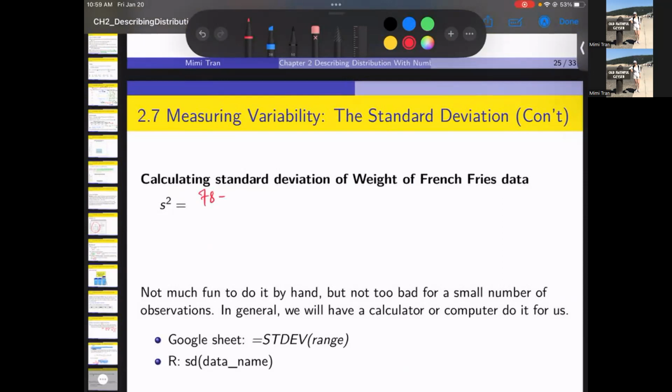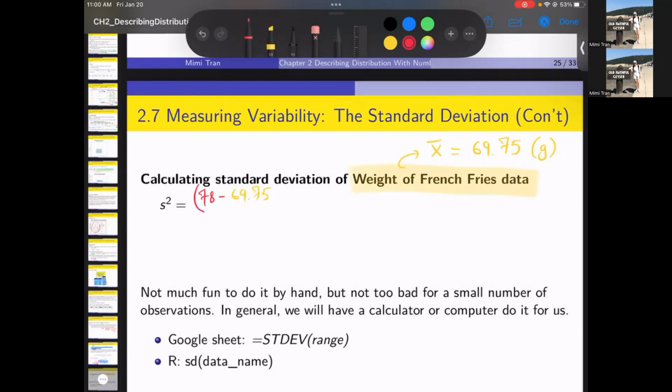The mean is 69.75. So I know from the data set the sample mean is 69.75 grams. So 78 subtract 69.75, and then what do you do?